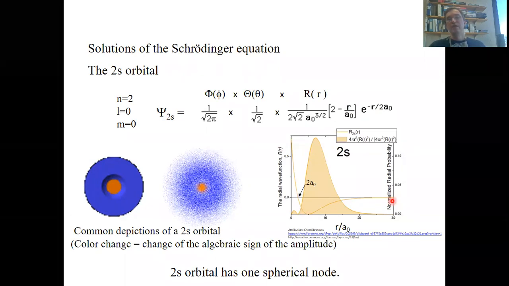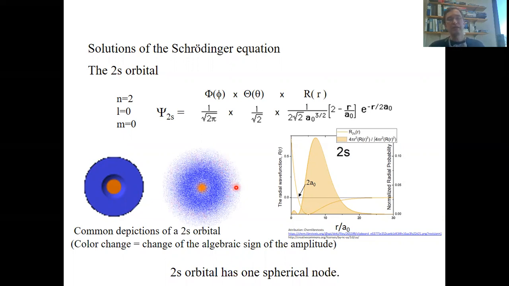So that point here represents the surface of a sphere that has the radius 2a0, and this sphere is called a radial node or spherical node because on the surface of that sphere the amplitude of the wave function changes its algebraic sign.